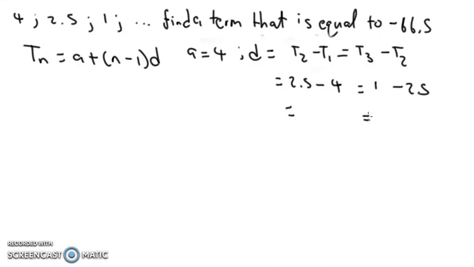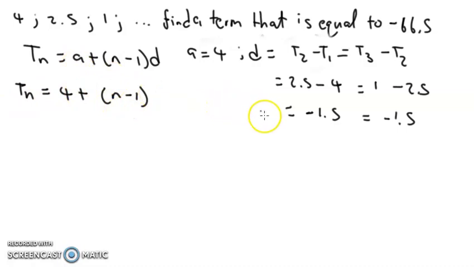And if you're not told that this is an arithmetic sequence, you can just try to find the value of d. If d is the same, then that would mean you have an arithmetic sequence. So we're going to have negative 1.5, and negative 1.5 on this side as well, clearly by inspection.